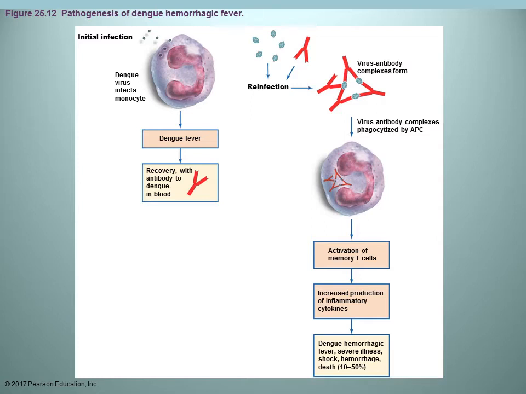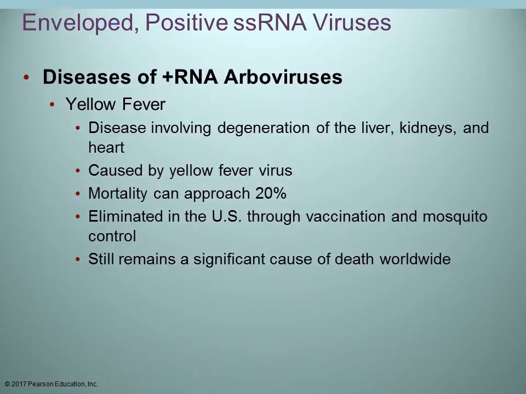That virus-antibody complex is phagocytosed by your antigen-presenting cells, your APCs, which then activate the memory T cells. That's going to trigger an increase in inflammatory cytokines, and then that's going to trigger the hemorrhagic fever, the severe illness, internal bleeding, etc. And as you can see by the numbers, the death rate is way too high, 10 to 50%.